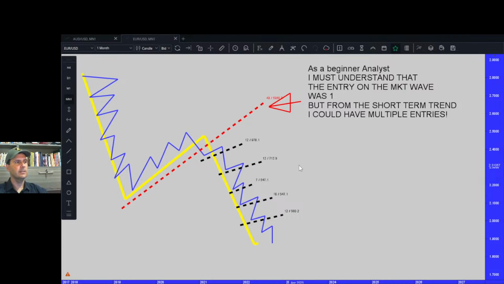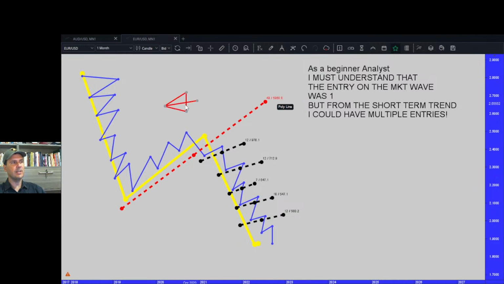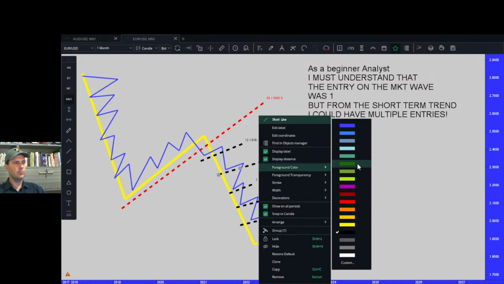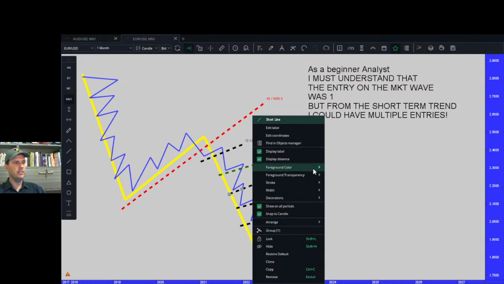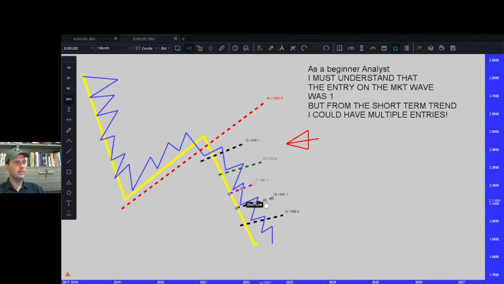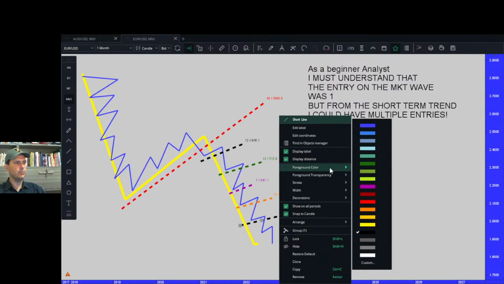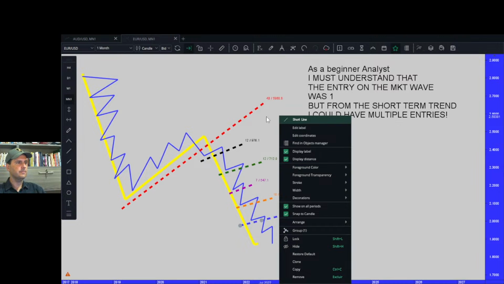The red one. We tend to, everybody, mix apples with bananas, make sense? When we are looking spatially at the chart, we believe, oh, this is all the same. We tend to mix apples with bananas, so let's color the entries to separate them: black, green, violet, orange, and blue.